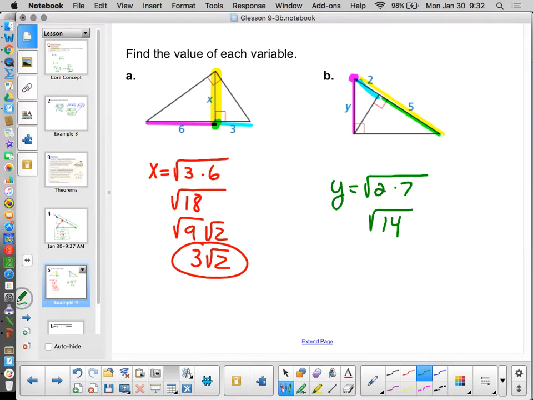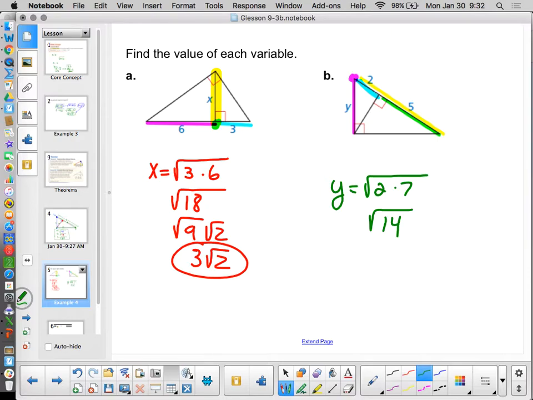So clearly, much faster than drawing 3 triangles. But if you don't see it, it really doesn't work very well. Most people still draw the 3 triangles. I'm going to tell you that right now. I'd say 80 to 90% of people draw the 3 triangles and work with it that way to solve this.